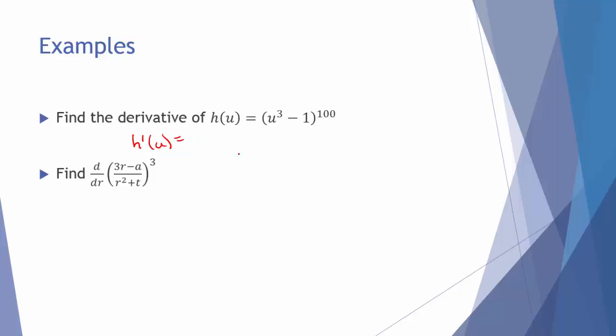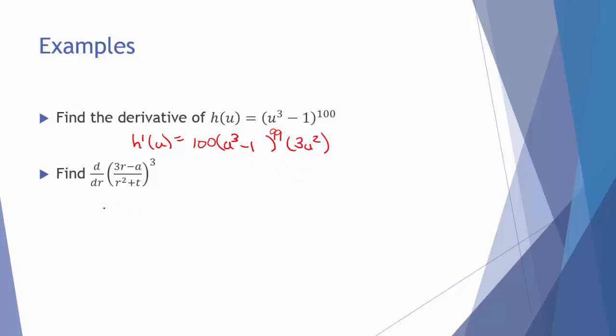So we take the derivative of the outside function, which is dropping the 100 as a coefficient, and having a new power of 99, 1 less than 100. Do not touch the inside function, and then multiply times the derivative of the inside function. And the derivative of u cubed is 3u squared, and the derivative of 1 is 0. And you can just leave it like that.